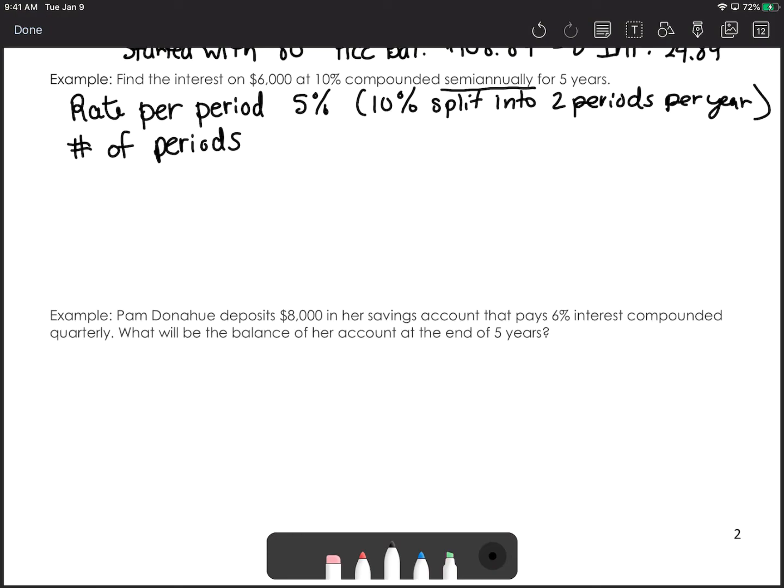Now the number of periods means over the entire term that we have the money in the account, how many periods are there? So if we're compounding this twice a year for 5 years, that means there's going to be 10 periods. And this is because it's twice a year for 5 years.